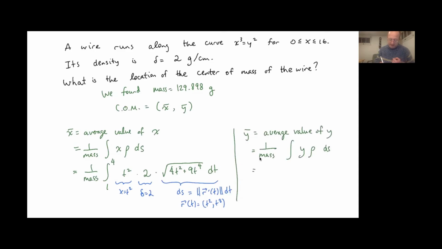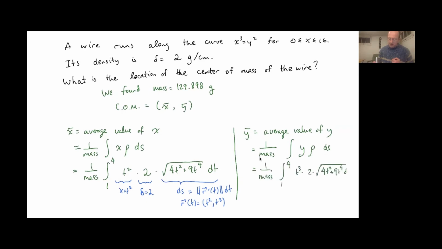It's 1 over the mass times the integral for t from 1 to 4. Y is t cubed times 2 times square root 4t squared plus 9t to the 4th dt.